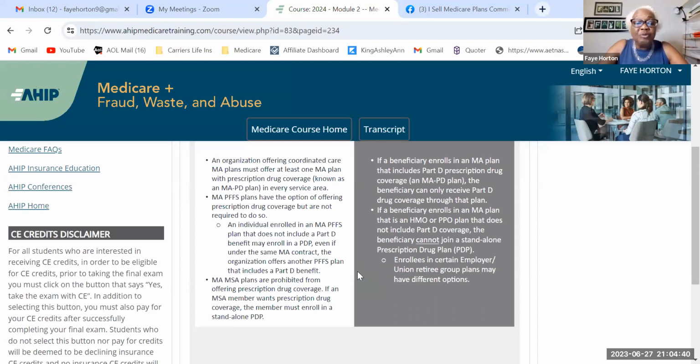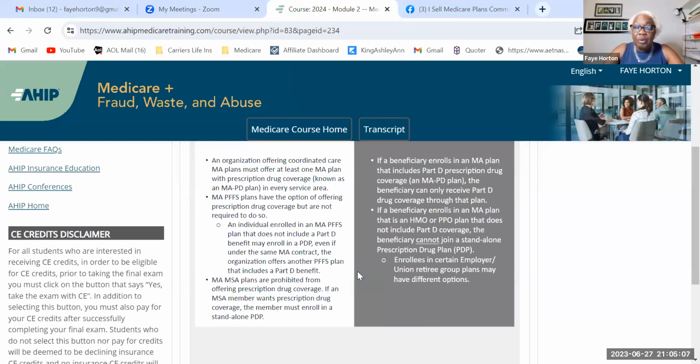An individual enrolled in a Medicare Advantage private fee-for-service plan that does not include a Part D benefit may enroll in a standalone prescription drug plan, even if under the same Medicare Advantage contract, the organization does offer a private fee-for-service plan with a Part D plan.